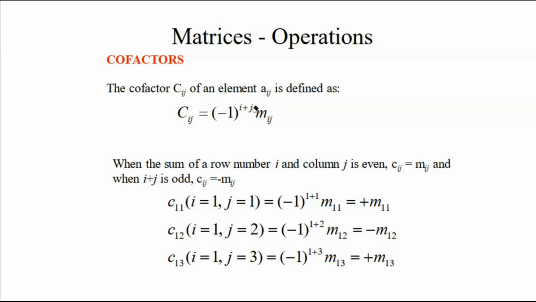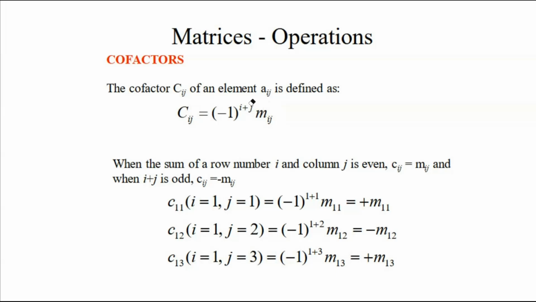Notice this is the minor there. You have to find the minor. Right? And there is a sign attached to it. Notice it's -1, and the power is, notice what is the subscript under here? IJ, the sum of the subscripts.